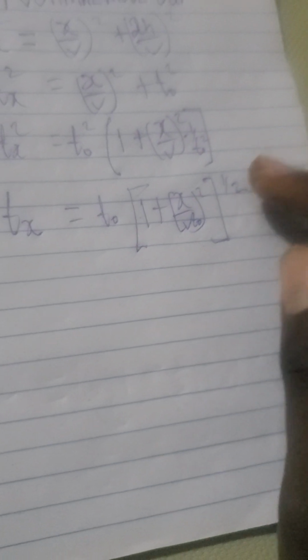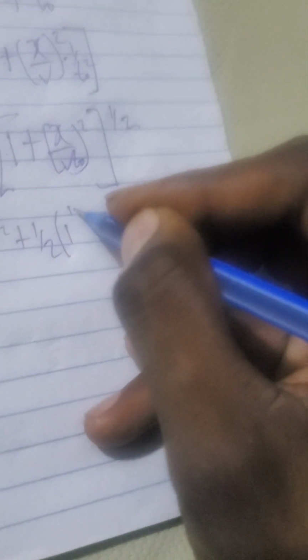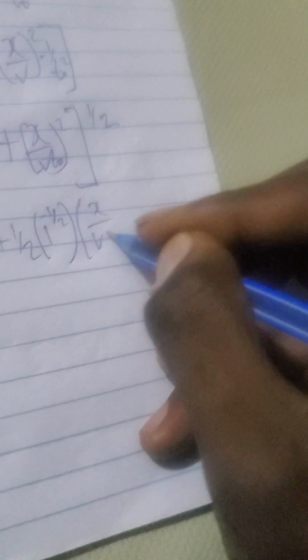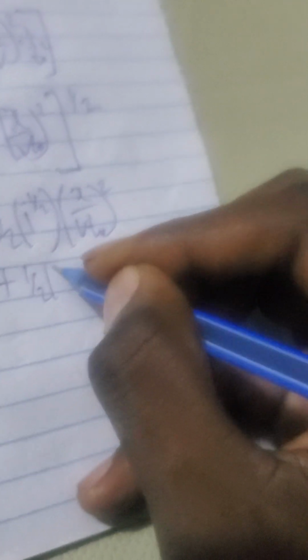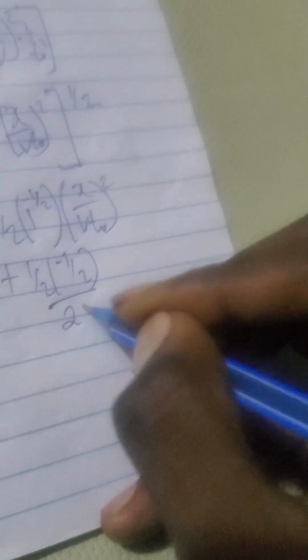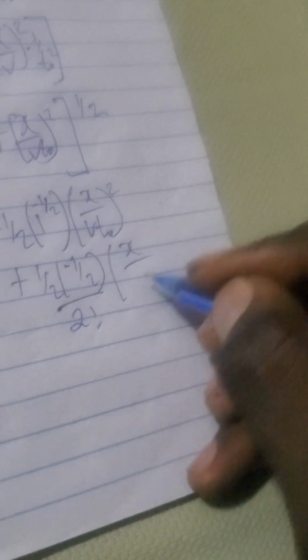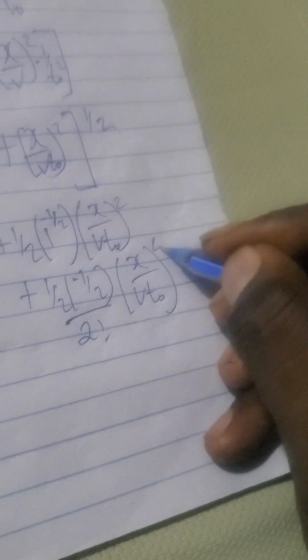If you expand this expression, this binomial term, then you will get t naught times 1 raised by a half, plus a half times 1 raised by negative a half, times x over v t naught squared, then plus a half times negative a half over 2 factorial, times x over v t naught, raised by 4.